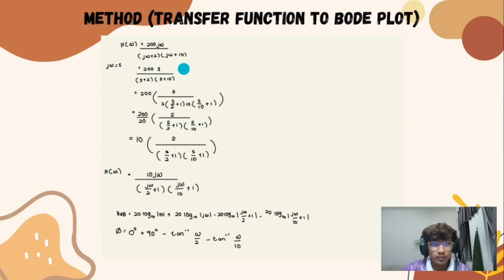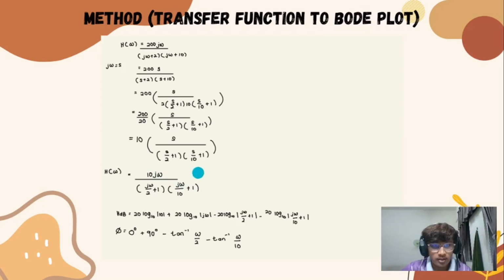This is a general form and also this is a standard form. After we get the standard form, we change jω to equal s, and after that we factorize, and the answer is H(ω) equals 10 jω over (jω/2 + 1)(jω/10 + 1).